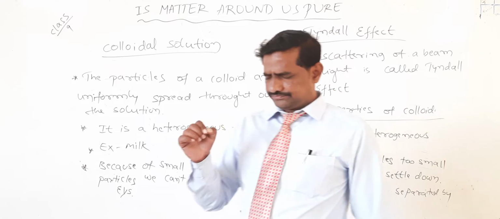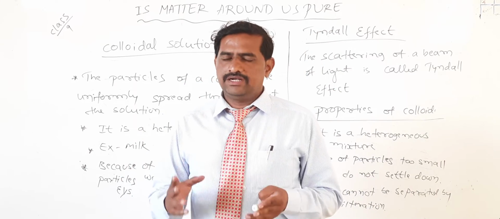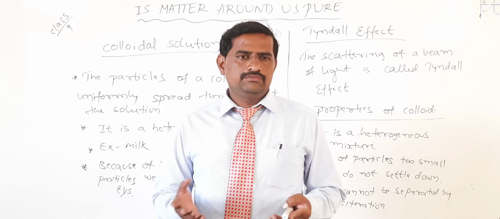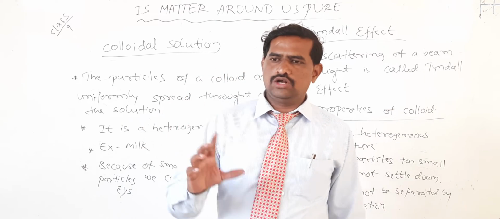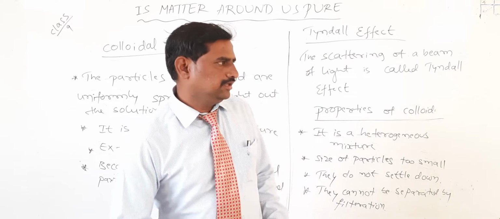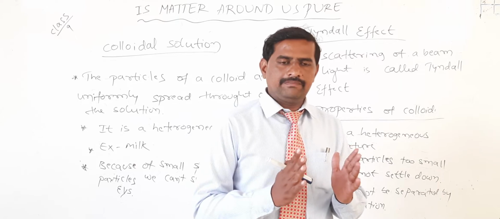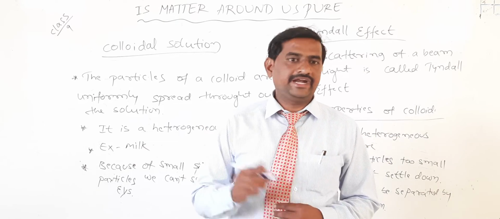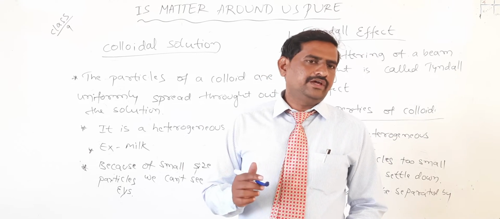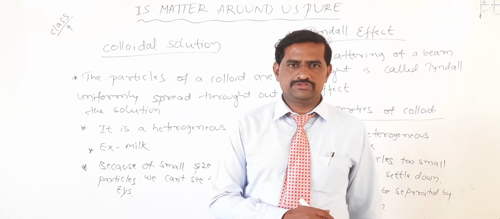There are many particles, but they are not settled and are very small. When a beam of light passes through the colloidal particles, scattering takes place. It means that the mixture is not homogeneous; it is a heterogeneous mixture.